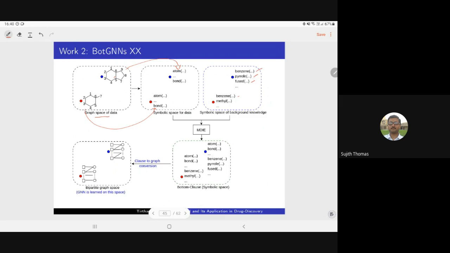Then MDIE will combine these and give a very nice large description for each of these relational data instances. These bottom clauses in symbolic space are then converted to a bipartite graph space. So the GNN will deal with this bipartite graph space, which was not the case with Vegans, for example. The graph space was not changing in Vegan, only the node level space was changing.